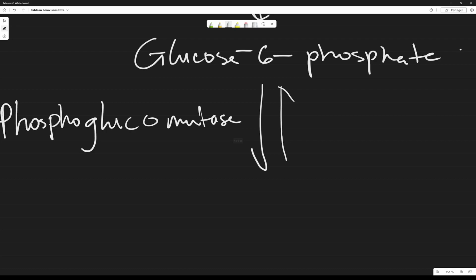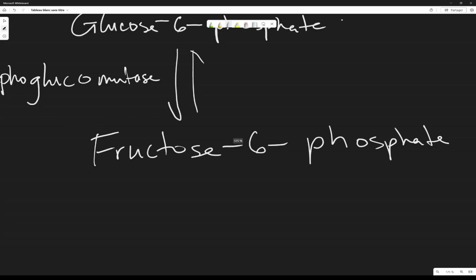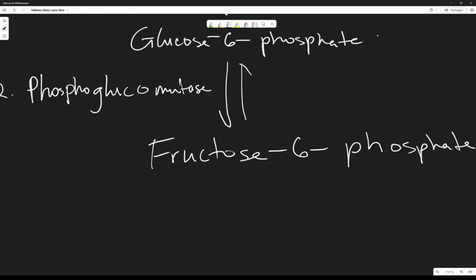So it forms fructose 6 phosphate. Notice how it changes glucose 6 phosphate to fructose 6 phosphate.